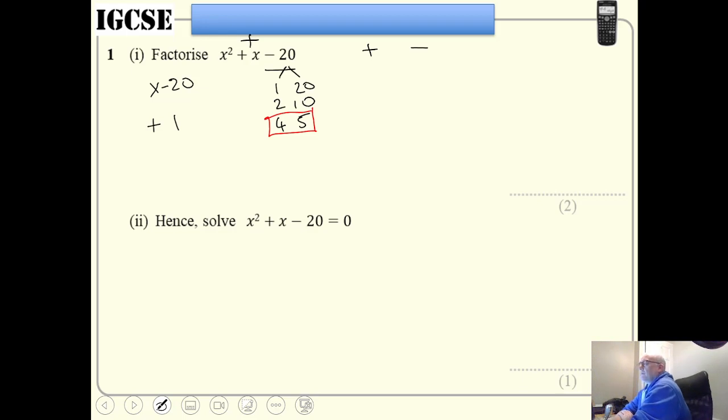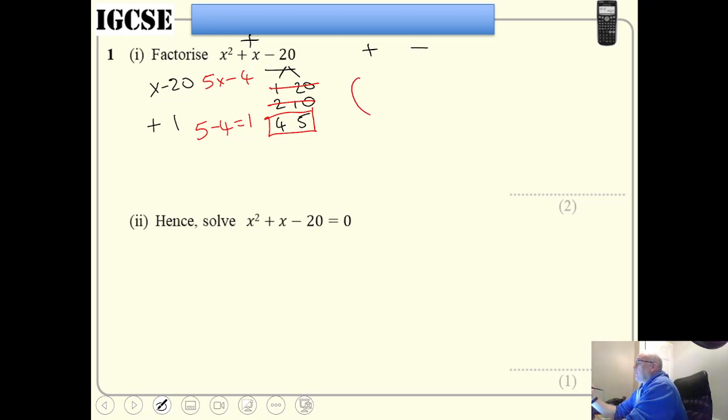So thinking about how would I make positive 1 as a sum? 5 take away 4 would give me my positive 1, and 5 times negative 4 would give me negative 20. So we found our factors that we're going to use. We ignore those two pairs and we're going to go with 4 and 5.